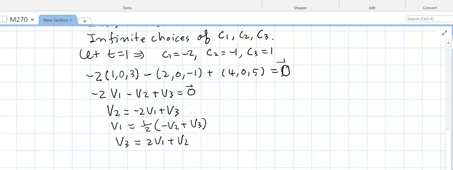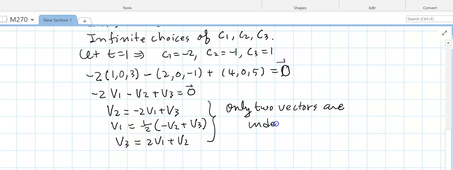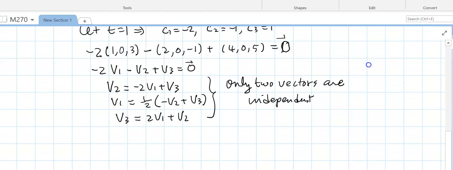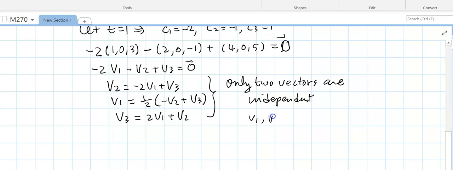So it is only two vectors. That means only two vectors are independent, either V1, V2, or V1, V3, or V2, V3. Only two vectors are independent, not three.